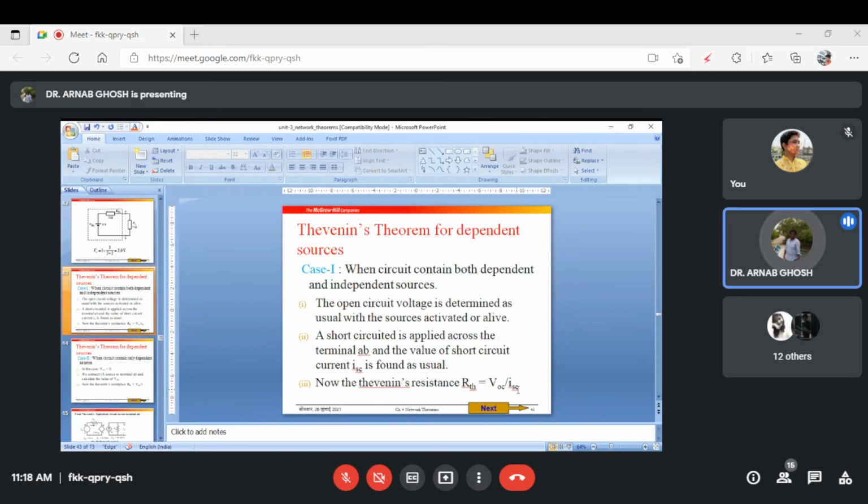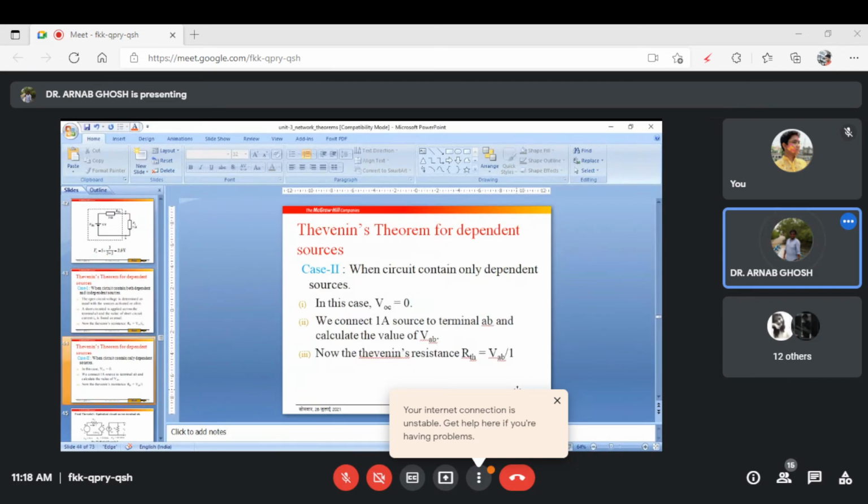You do not calculate the equivalent resistance from backwards, but you short circuit the load resistance terminal or branch and calculate the short circuit current. If you divide the open circuit voltage by this short circuit current, you get the Thevenin's equivalent resistance, RTH.